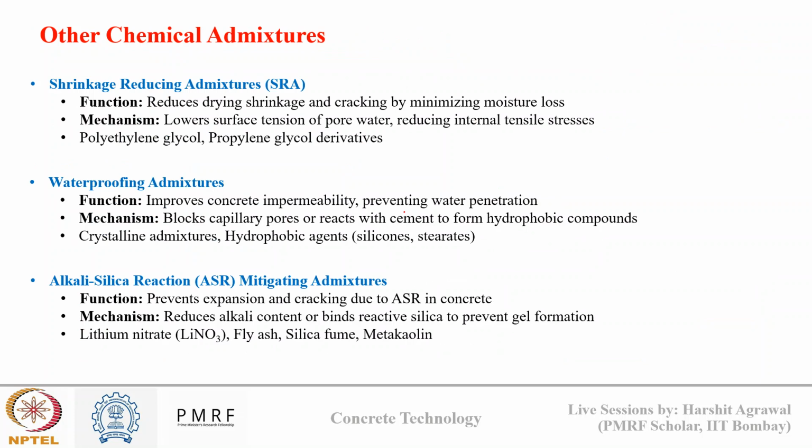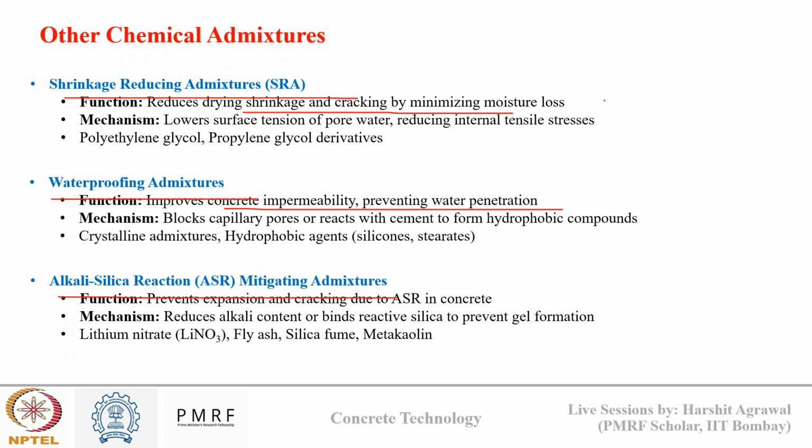Then, apart from these commonly used admixtures, there are a few other less frequently used admixtures, like shrinkage reducing admixture, which reduces shrinkage cracking. And there is waterproofing agent, which is used in concrete to prevent water penetration inside. And there are alkali silica reaction mitigating admixtures, which reduce the cracking due to alkali silica reaction.